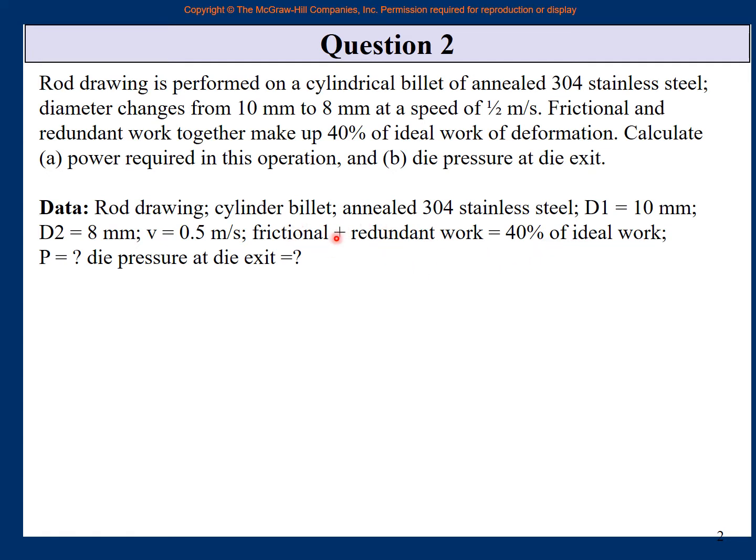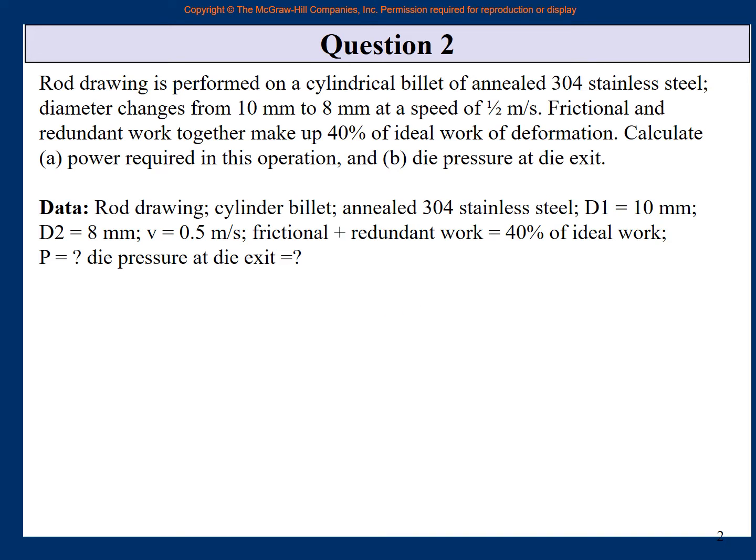For the others there is generally a difficulty, so they are saying that frictional plus redundant work is 40% of the ideal work. So if ideal is 1, then 1.4 of ideal will be the total work. Then power is to be found out.